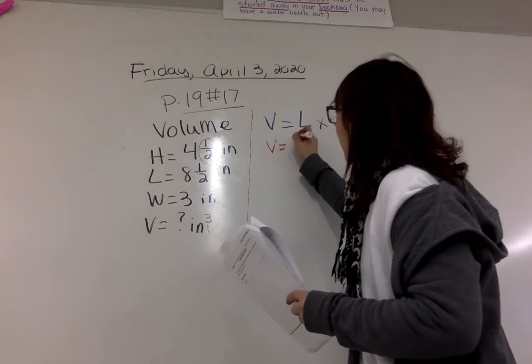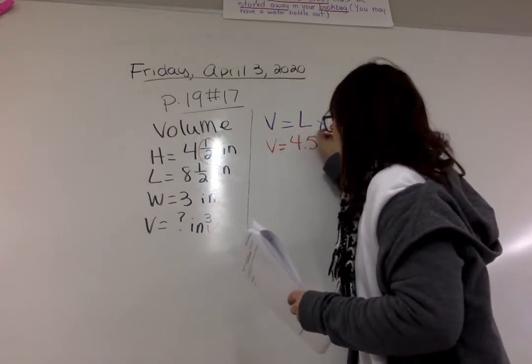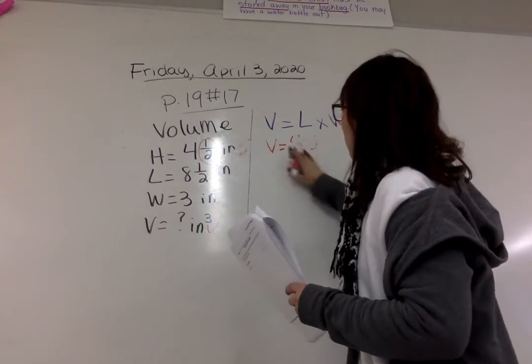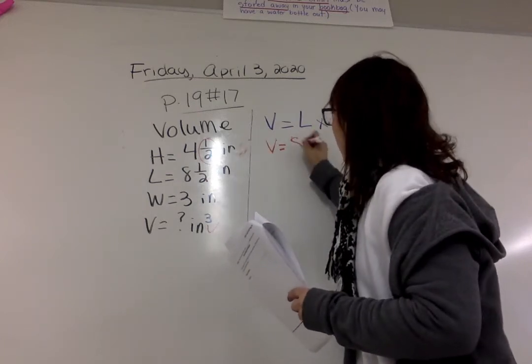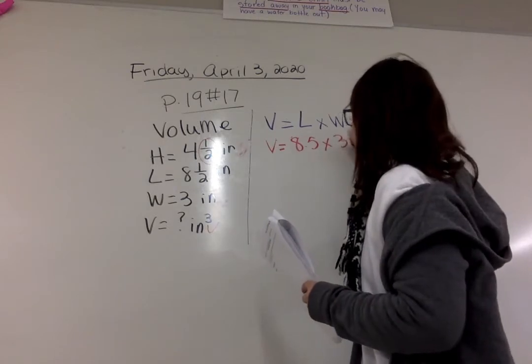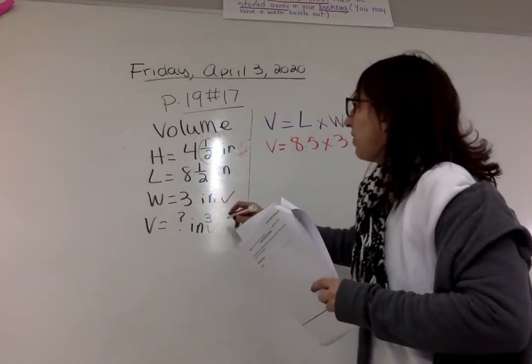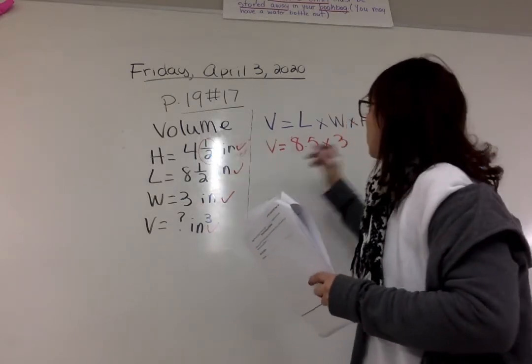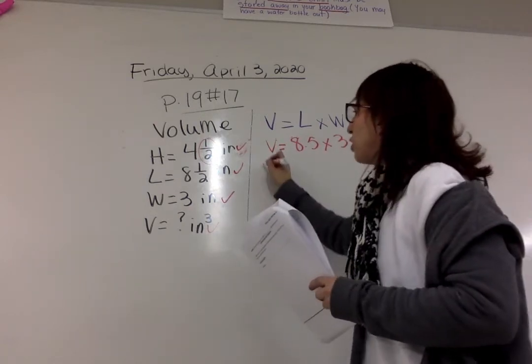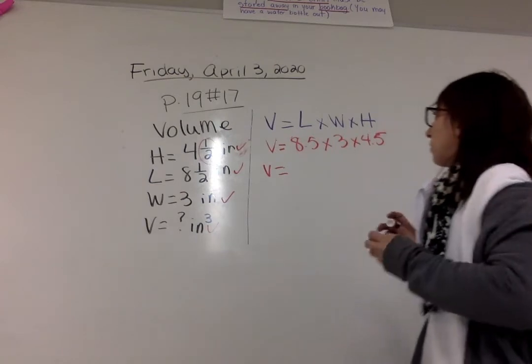So 4.5 is the same as 4 and 1/2. Sorry, that's not right. It's 8.5. I'm now going to multiply by 3, which is my width. And then I'm going to multiply by the height, which is 4.5. It doesn't really matter what order, because you're just multiplying 3 numbers.